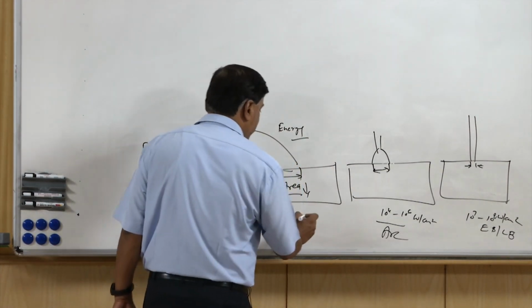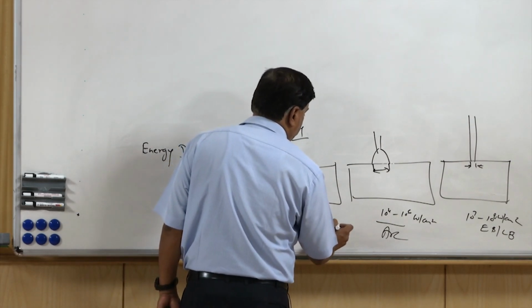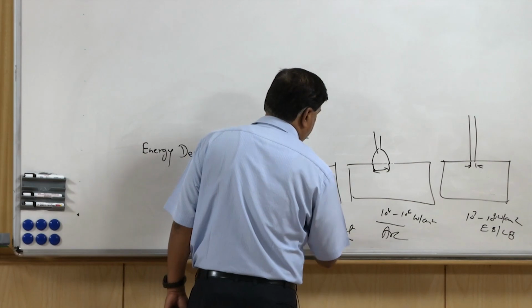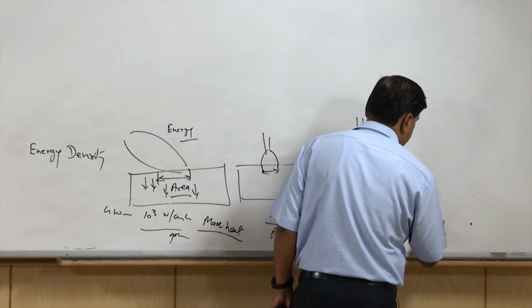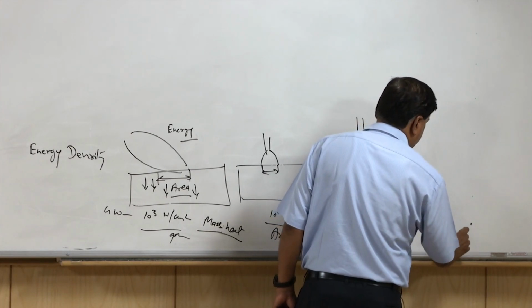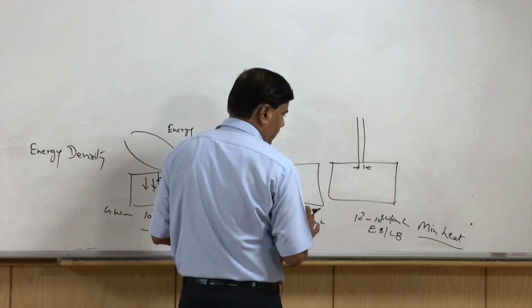So this will require the maximum amount of heat for fusion purpose, and this will require the minimum amount of heat for fusion purpose, and in between it will be the arc.